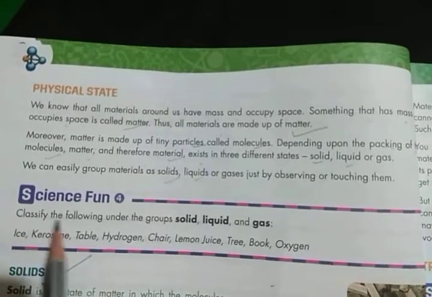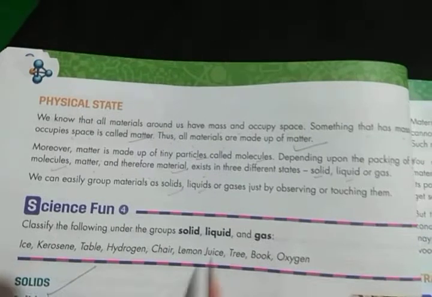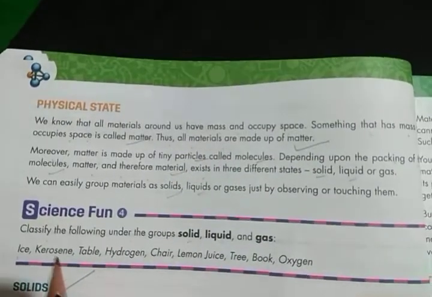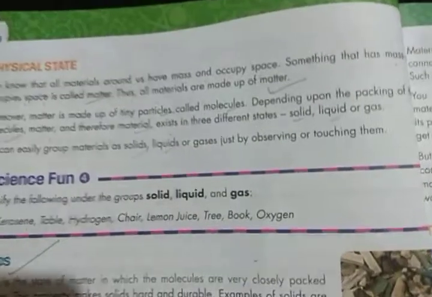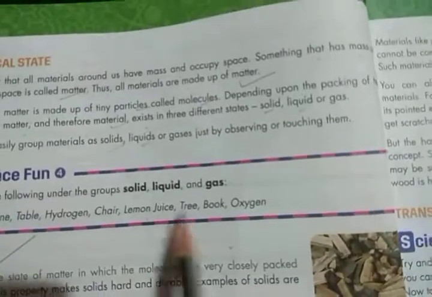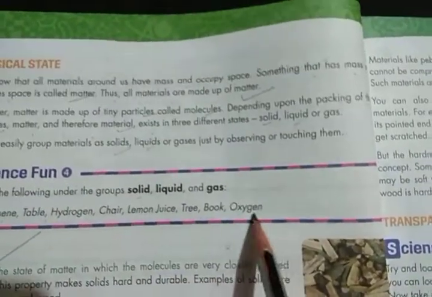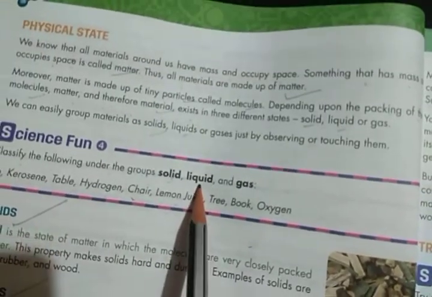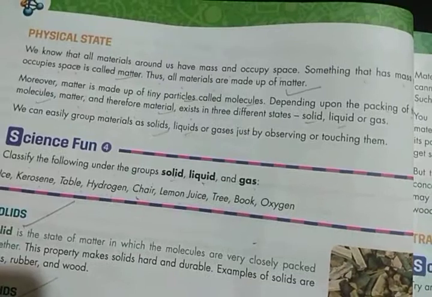Okay, here you have to classify the following under the groups solid, liquid, or gas: ice cream, kerosene, table, hydrogen, chair, lemon, tree, book, oxygen, etc. You have to classify these into solid, liquid, and gas.